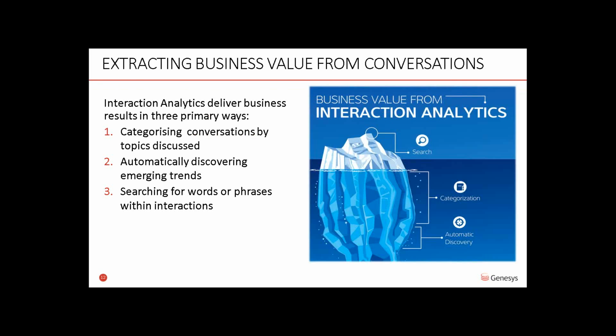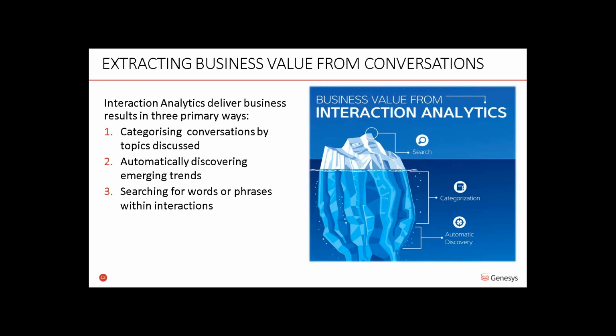Secondly, the ability to automatically discover emerging trends or unexpected events. Because again, as I mentioned earlier, it's impossible to predict every trend that will emerge in business today, and certainly impossible to predict all unexpected events.